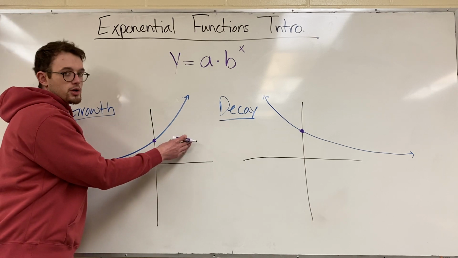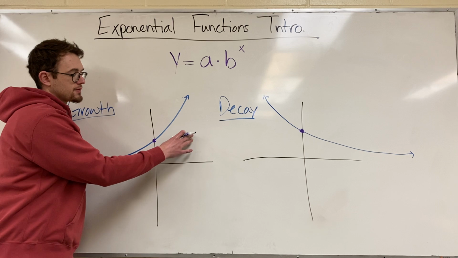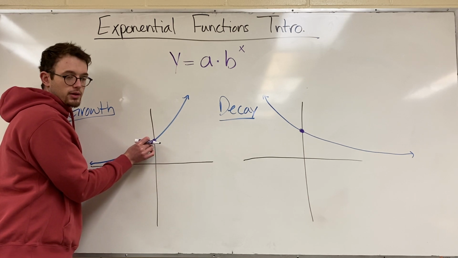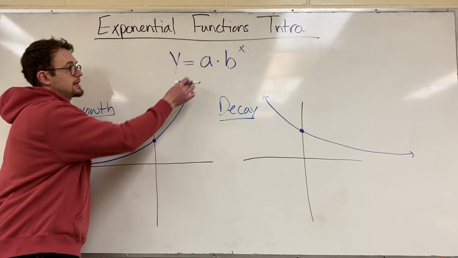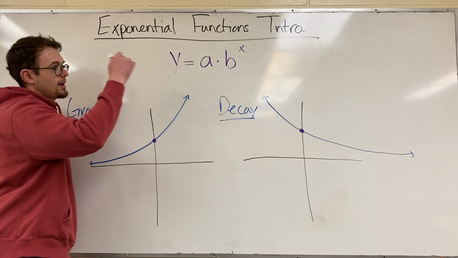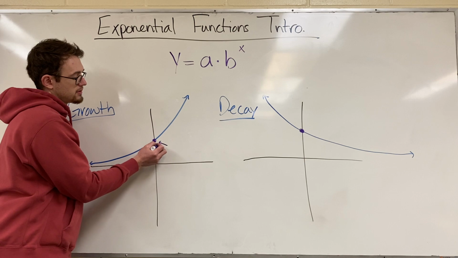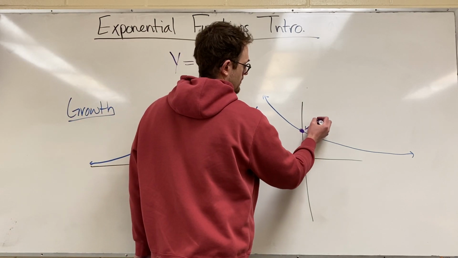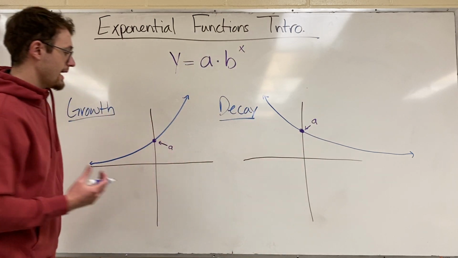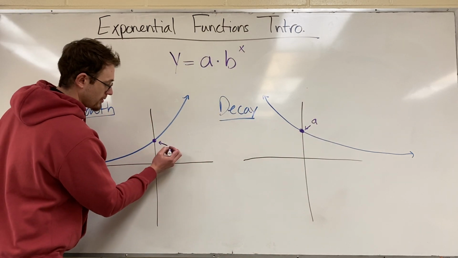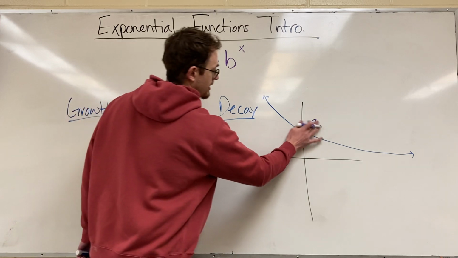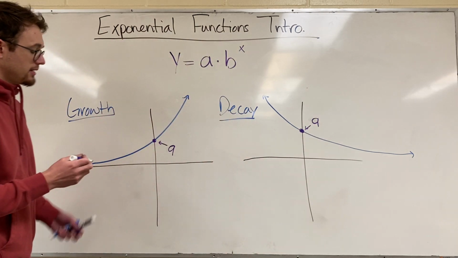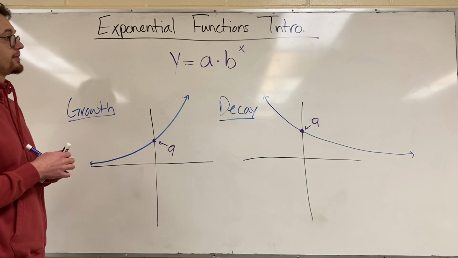Usually we're going to be talking about quadrant 1. So that means if we're talking about just quadrant 1, that would be the starting point. And that comes in here because this will be A. That is A. Let me draw that a little bigger. I don't know how well this shows up on the video. That is A. All right, and A is going to be the initial amount.